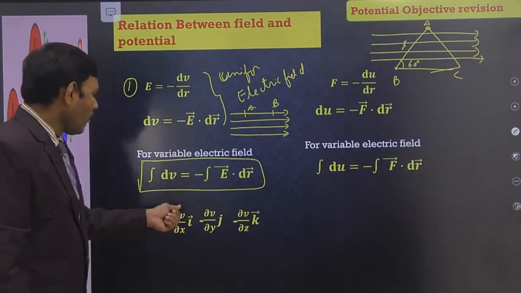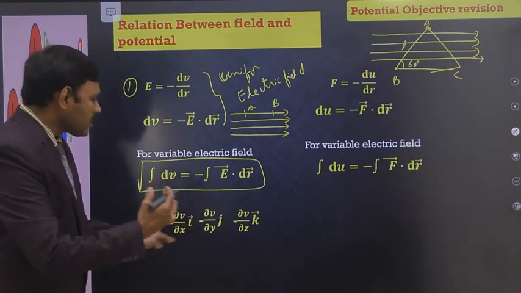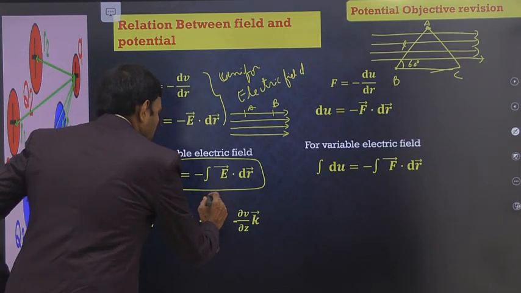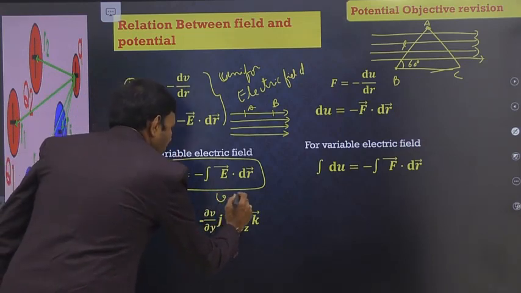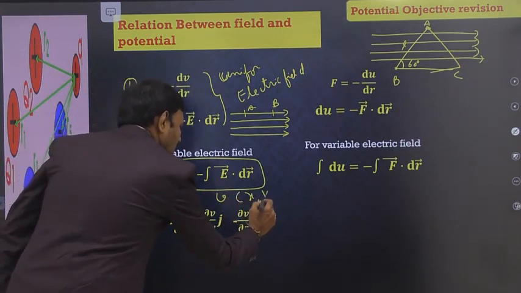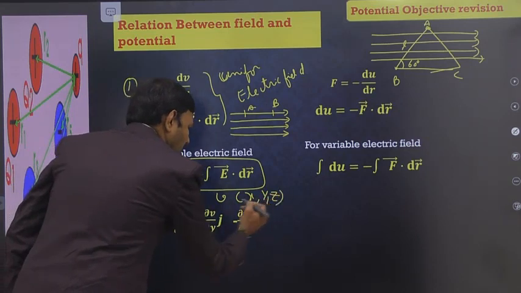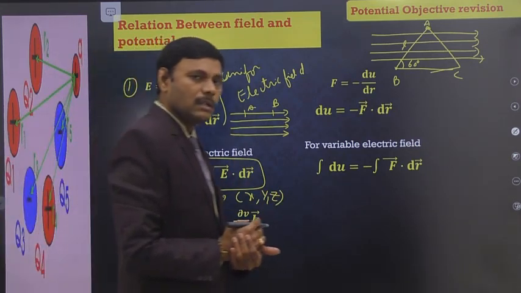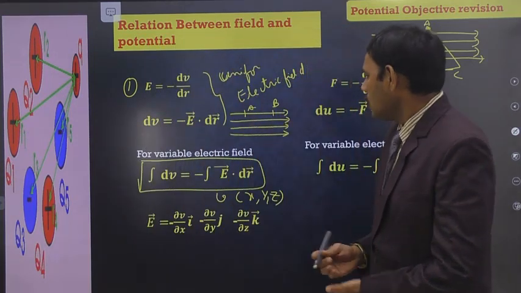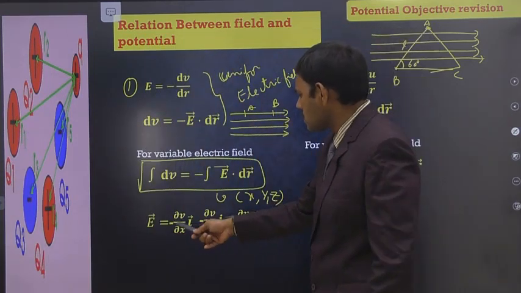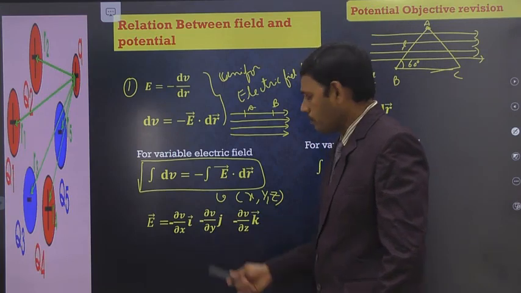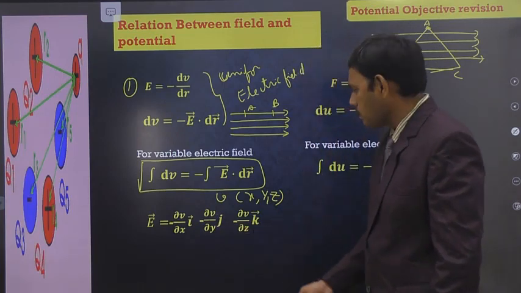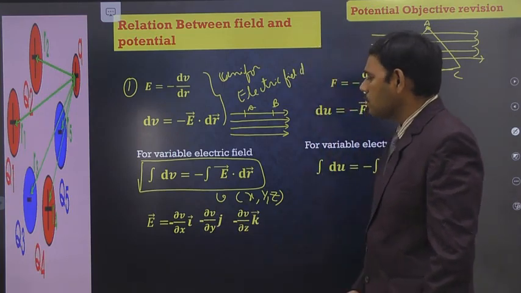And next one, by knowing V, this is also given in recent JEE Main and EAMCET exams. V is in function of x, y, z. It may be any value, a creative value. He may create potential in function of x, y, z in different ways. Then E bar is equal to minus dou V by dou x into i cap, minus dou V by dou y into j cap, minus dou V by dou z into k cap.